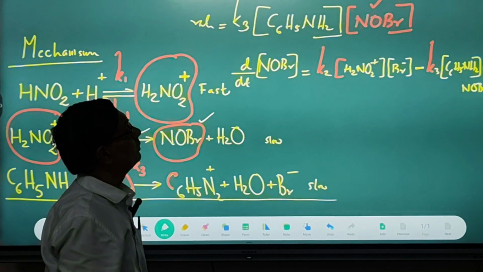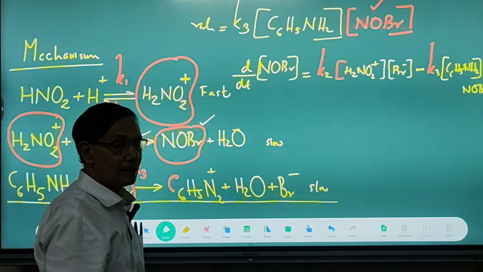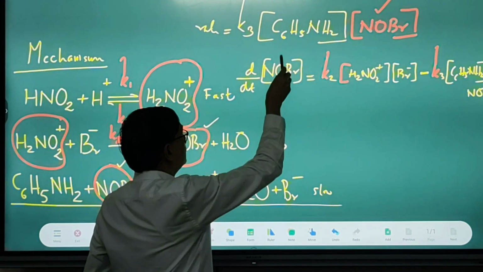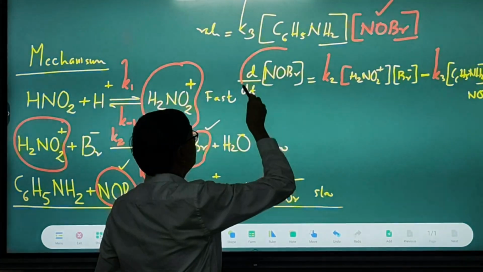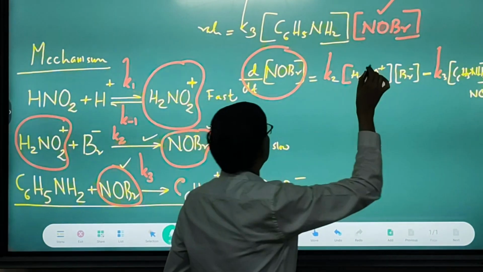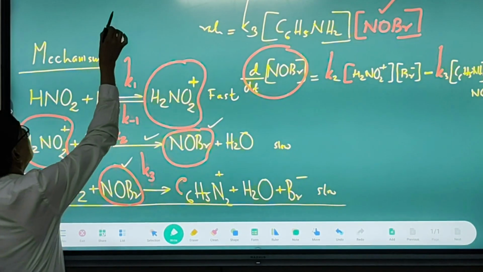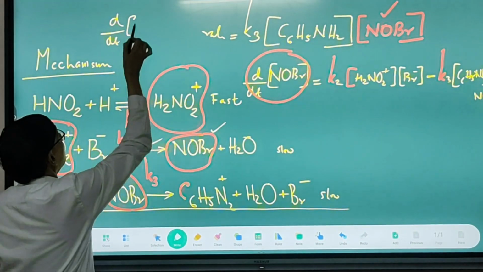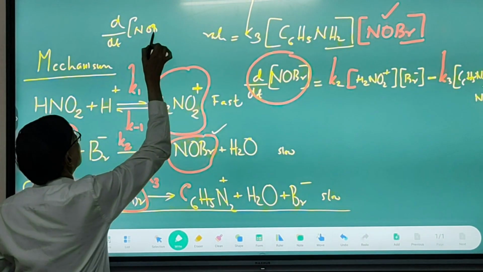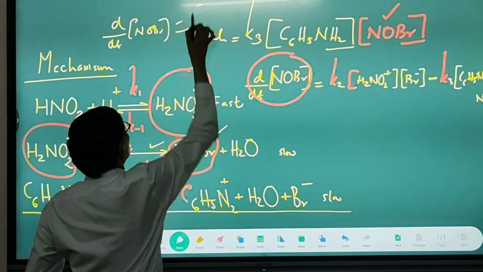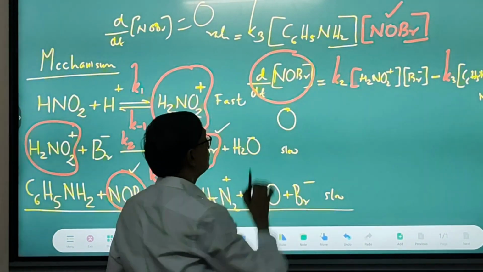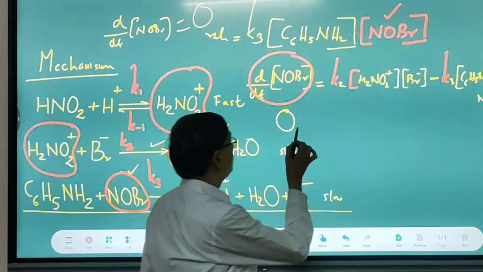Now the role of steady state approximation. According to steady state approximation, I can write d by dt of NOBr is equal to 0. So I can write here 0. That is equal to 0.